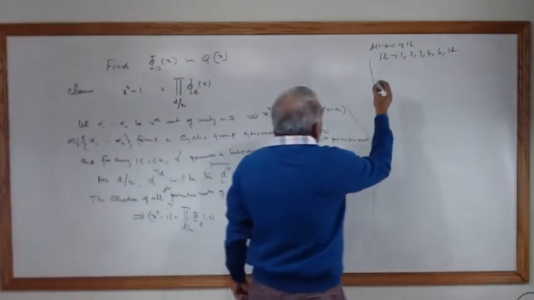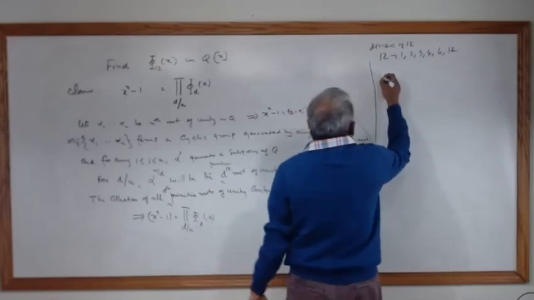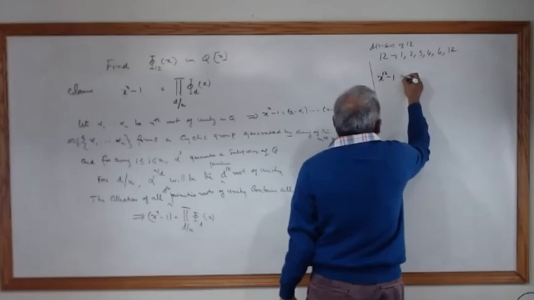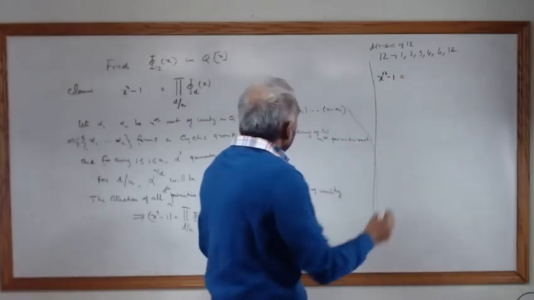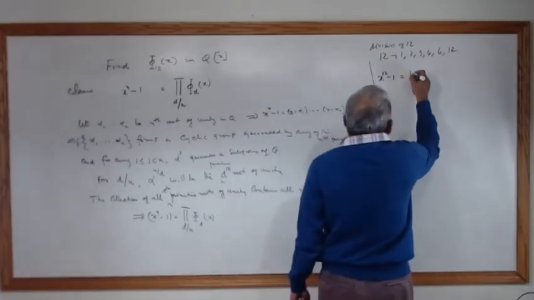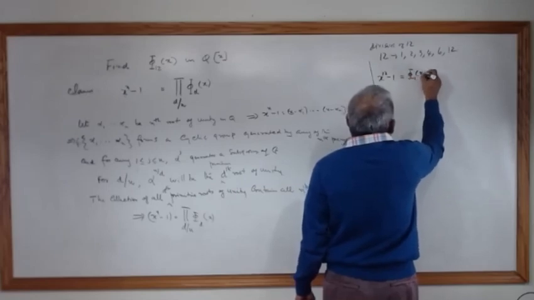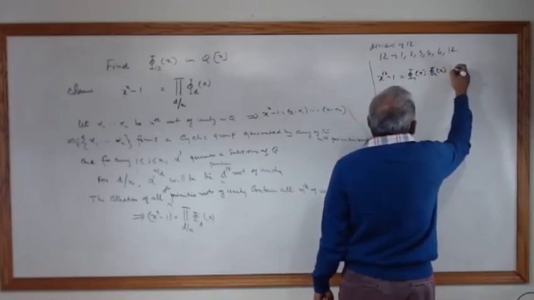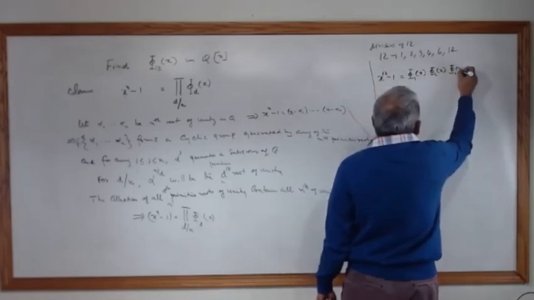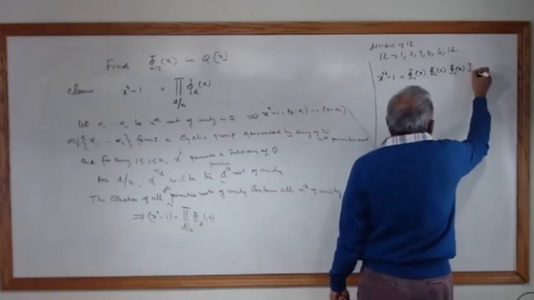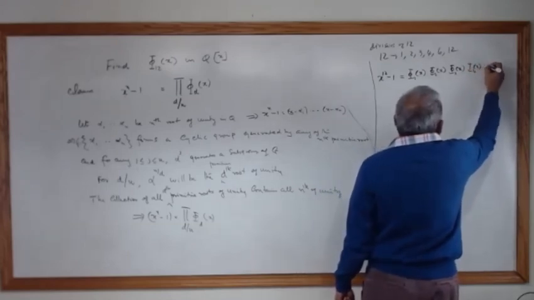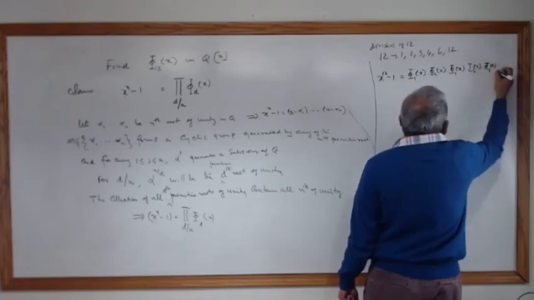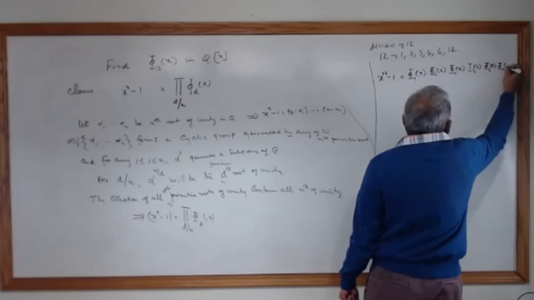So, by this definition, x to the power of 12 minus 1 is equal to phi 1 of x, phi 2 of x, phi 3 of x, phi 4 of x, phi 6 of x, and phi 12 of x.